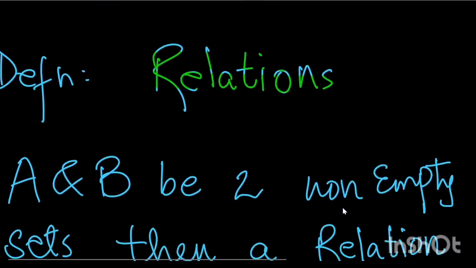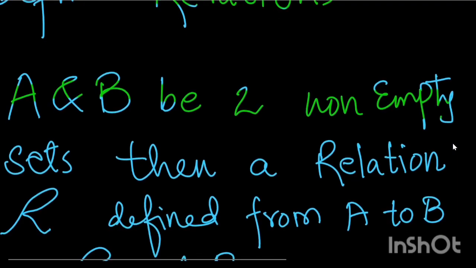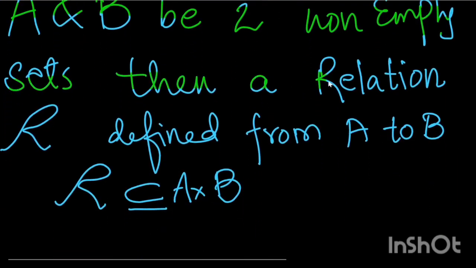A relation is basically a set defined from set A to set B. These are two non-empty sets. Then a relation R is defined from A to B. Here this R is written in a cursive kind of way. Why is it written in this specific cursive way?